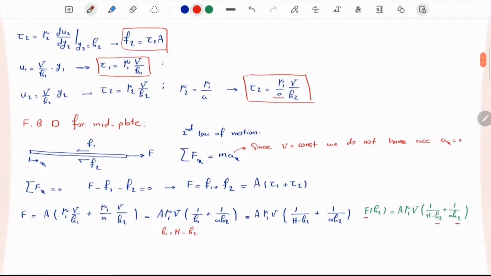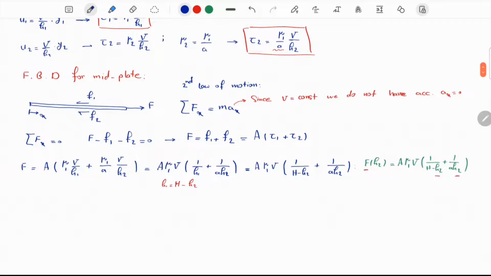Okay? Now, the second step is to take the derivative of F with respect to H2. And it's equal to A mu1 V multiplied by 1 over (capital H minus H2) squared minus A over (AH2) squared, and putting it equal to 0.